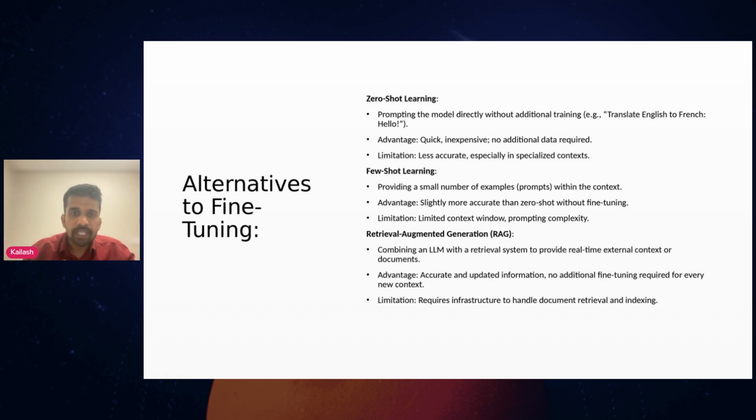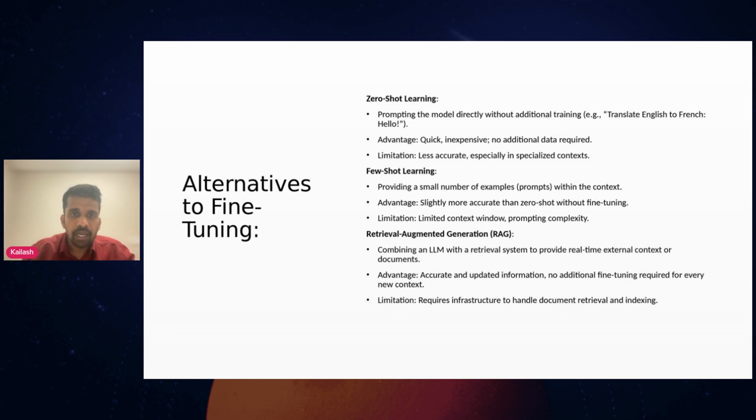The next one is retrieval augmented generation. Assuming that your underlying data is going to change frequently and you need real-time retrieval of data, then definitely it's advantageous to go for retrieval augmented generation. It has a big advantage: it combines both the retrieval system along with the language generation system.